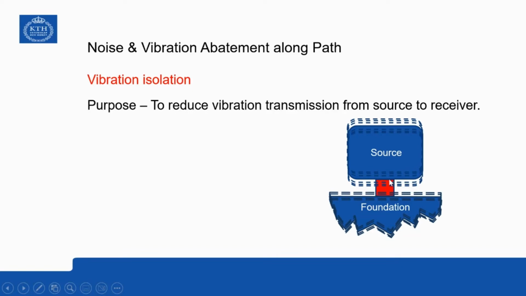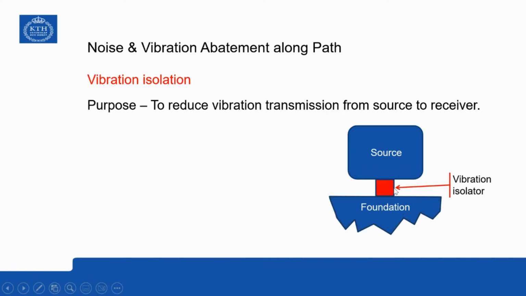So if we introduce this red thing here, the vibration isolator, we hope that the situation will be improved and that the vibration is restricted to the source part here. The foundation should not vibrate. So no transmission, or much smaller transmission, through the vibration isolator. That is the purpose of vibration isolation.